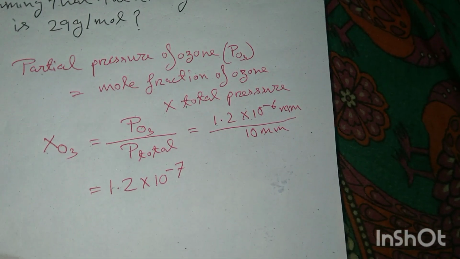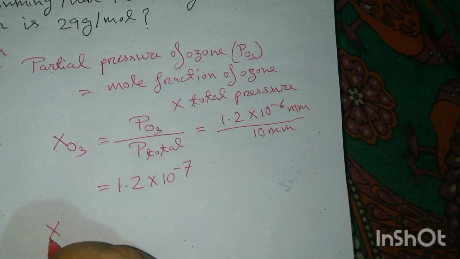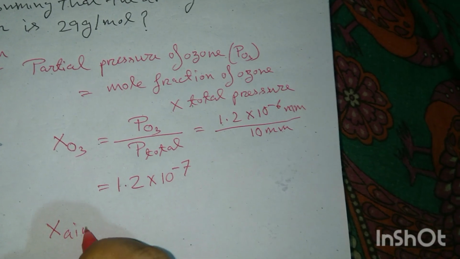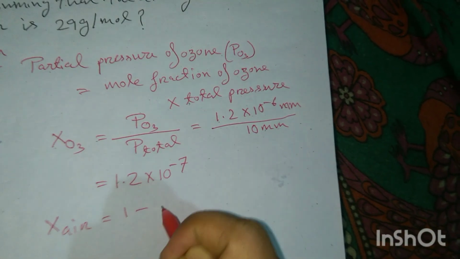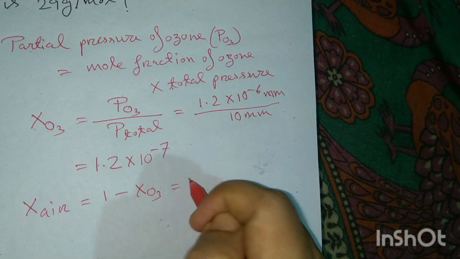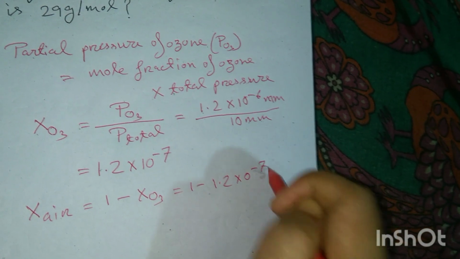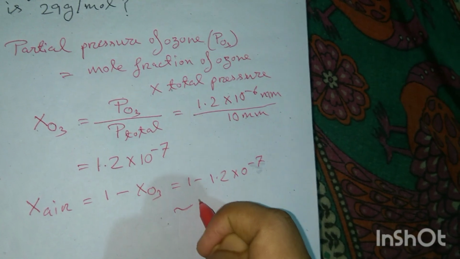Okay, so mole fraction of air is equal to 1 minus XO3, which is 1 minus 1.2 into 10 to the power minus 7, equivalent to 1.